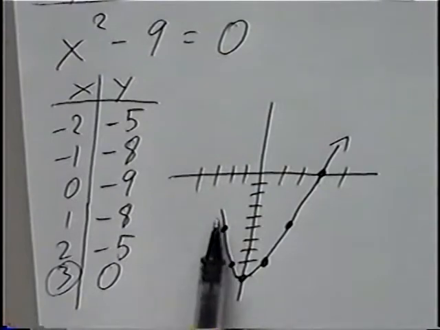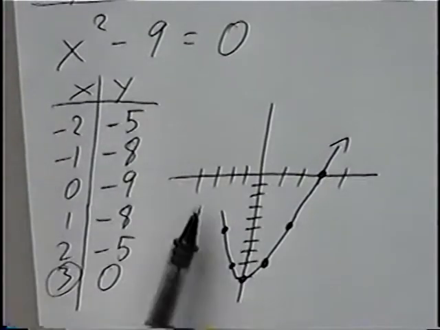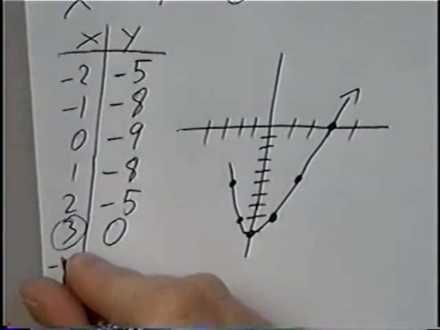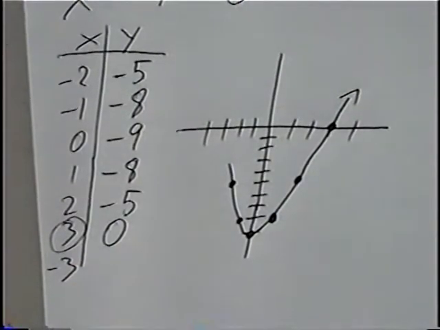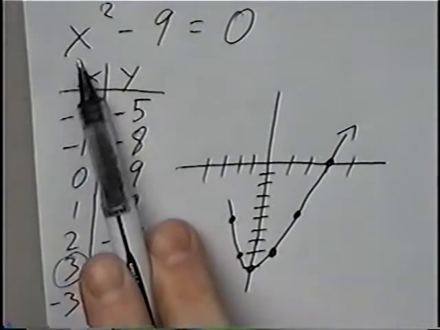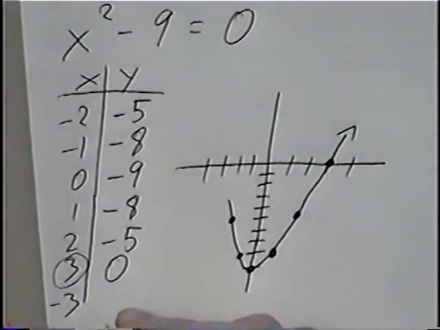Looking back at the graph again, we know there's one more number on the left-hand side. Our smallest number that we plugged in so far was -2, so we can try the next number over, which would be -3. If you plug a -3 in to the original equation, -3 times -3 would be +9. Subtracting 9 would also be 0.